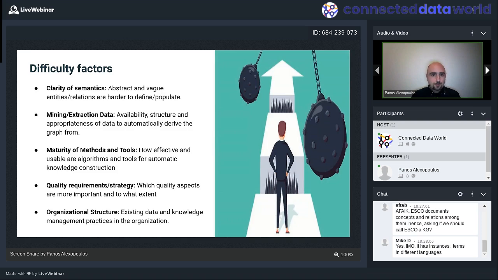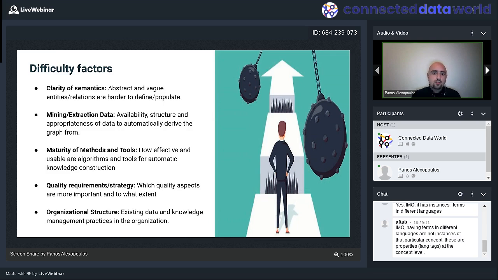And we will see a bit later, for the tasks of entity mining and relation mining, that some of the state-of-the-art tools that are out there at the moment are, for some particular entities and relations, not so effective. Fourth, the quality requirement strategy. So which quality aspects are more important and to what extent?